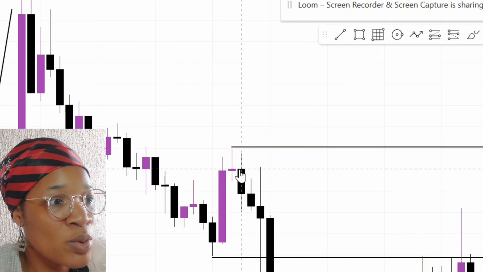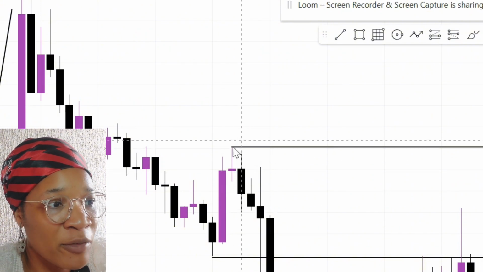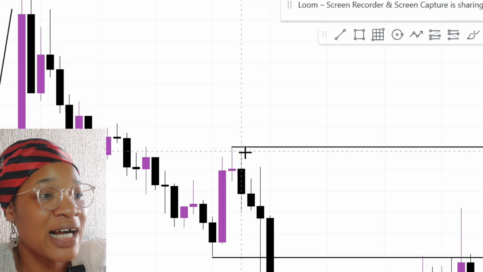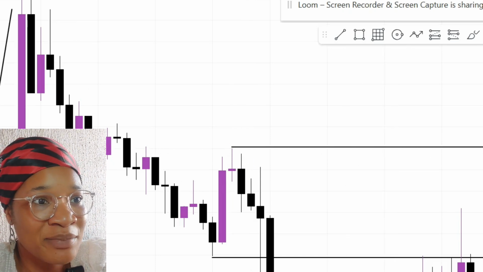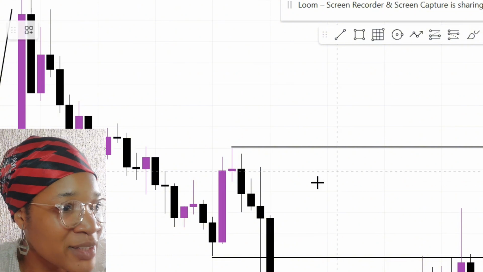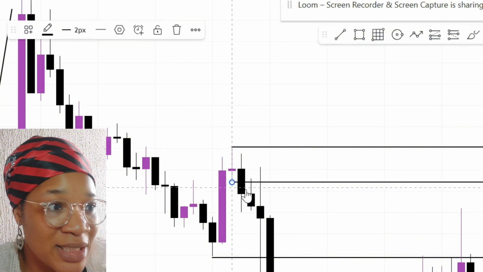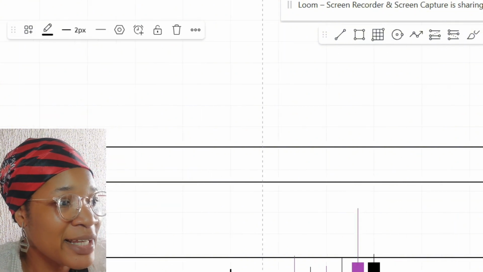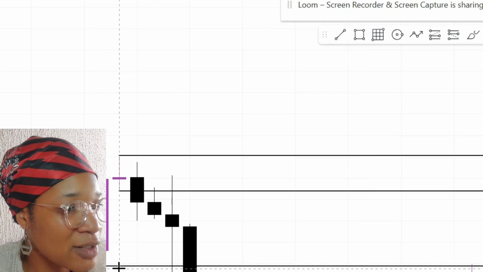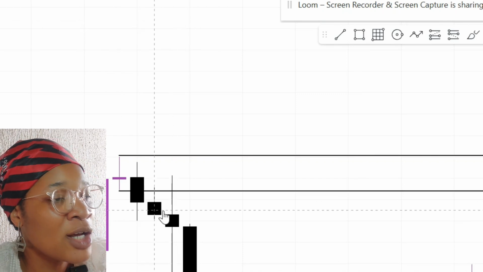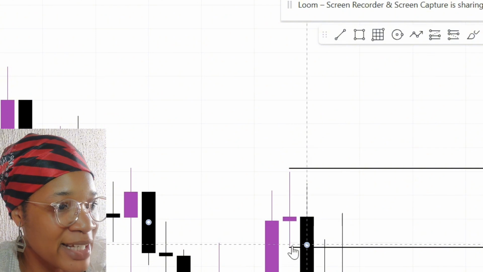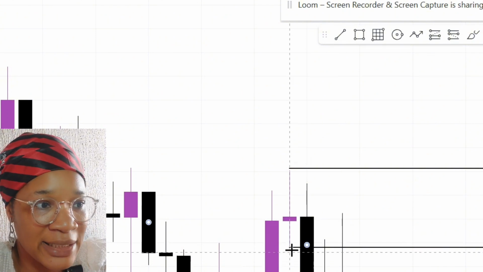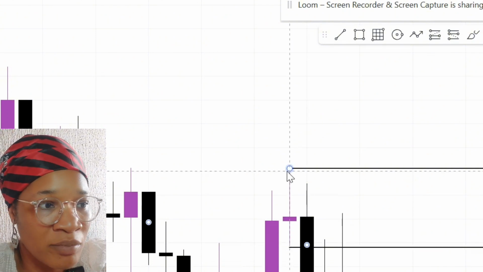If price continues to form candles above this highest point, or the candles are unable to close outside this range, within the high and the low of this candle, I hope you are able to see this. Let's take this out too so we don't get confused. So our candle of interest here is this one right here, and you can see that I have marked out the low and the high of this candle.